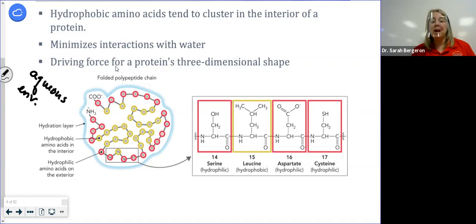So this is one of the major driving forces for folding into a protein's three-dimensional shape, right? We want these non-polar residues to be inside so that they can interact with one another instead of being forced outside and then having all this water have to organize around all these non-polar residues that are sticking out, right? So when you look at how a protein is arranged, you have to think about its environment.